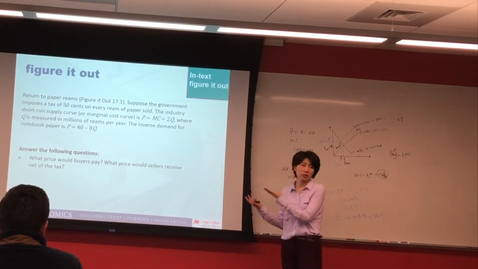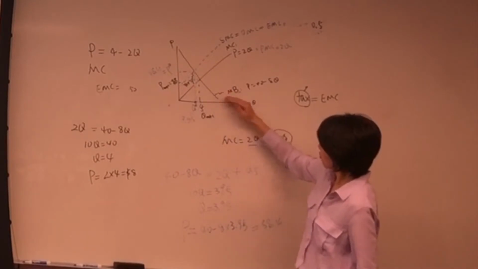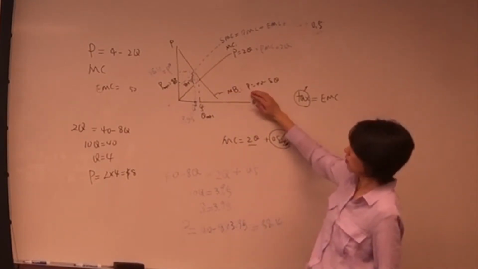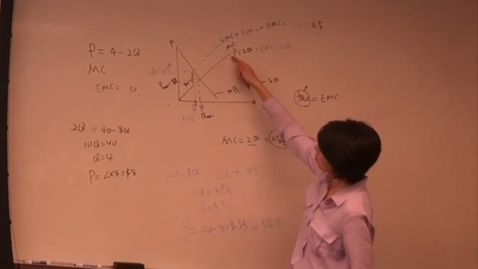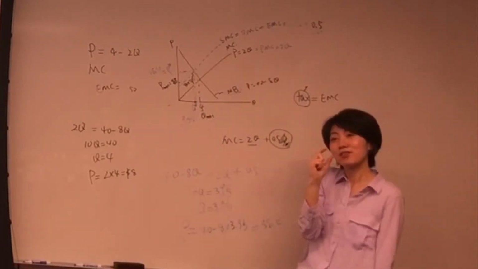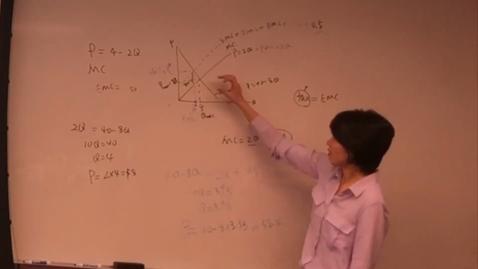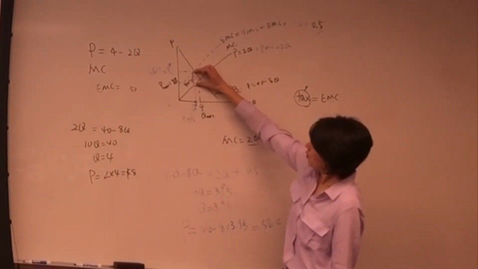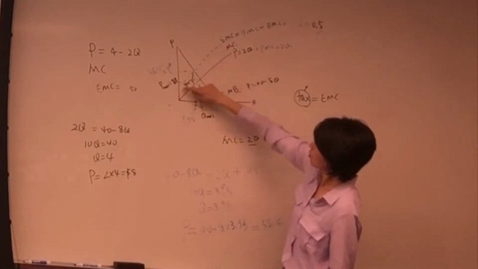This will be on the test. This is the demand curve, the marginal benefit, our private marginal benefit, 40 - 8Q. And this curve, 2Q, is our private marginal cost. Since there is a 50 cent tax, the tax shifts the marginal cost curve upward to this position.